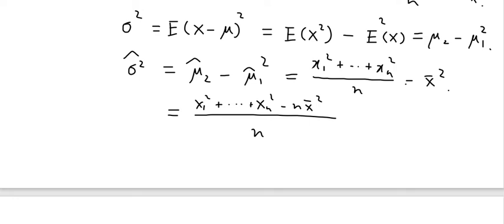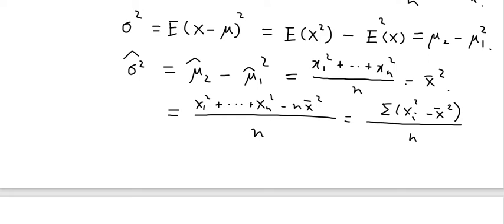We put minus x bar square with each term: x1 square minus x bar square, plus x2 square minus x bar square, and so on. So we can say this is the summation of (xi square minus x bar square), divided by n.